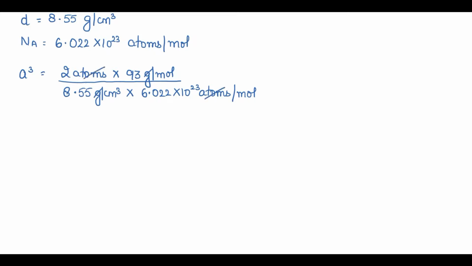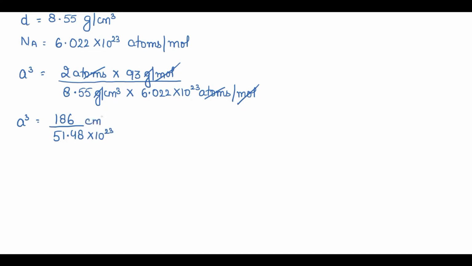Atoms cancel with atoms, mole inverse with mole inverse, right? Here in the denominator you have centimeter cube inverse, so when I take this value in the numerator, it will be centimeter cube. So 2 into 93 will be 186, divided by 8.55 into 6.022, that will be 51.48 into 10 raised to power 23.